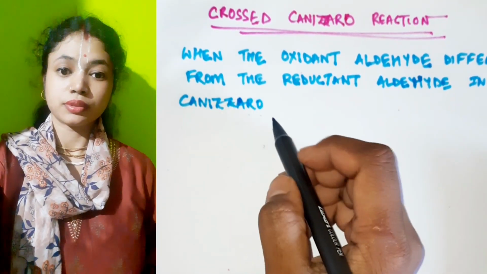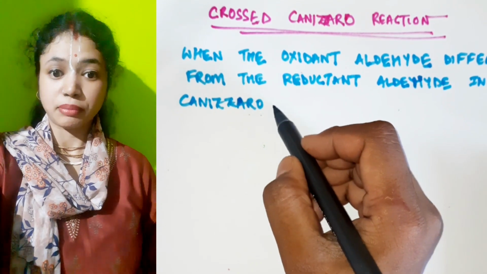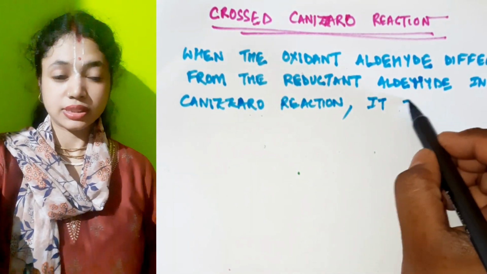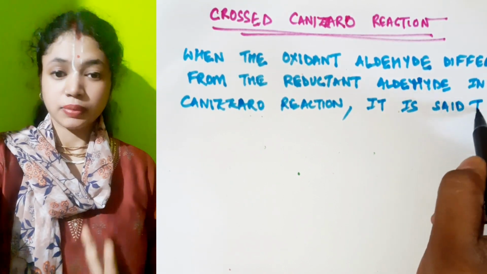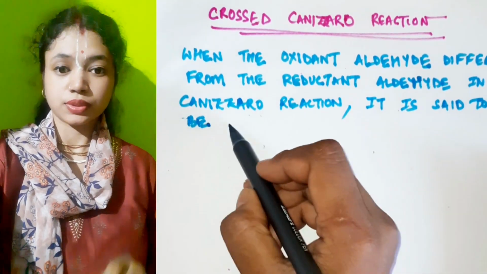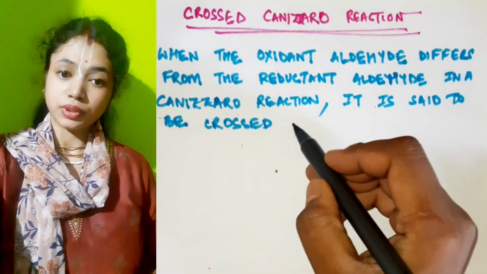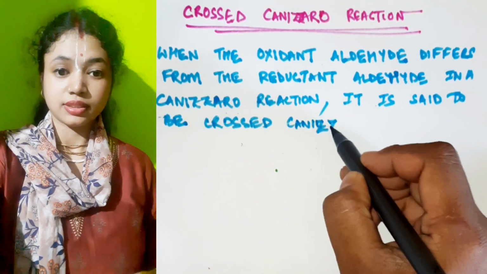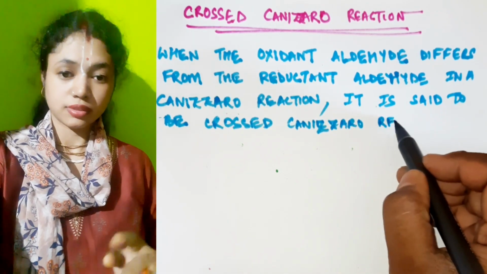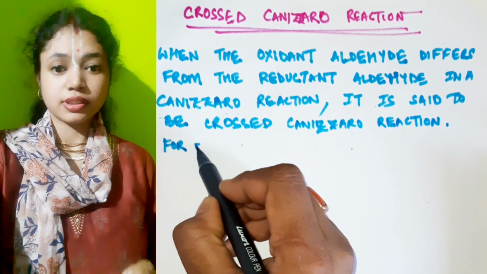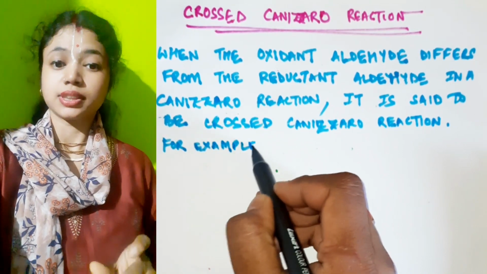So when the oxidant aldehyde is different from the reductant aldehyde, so in the first Cannizzaro reaction we took two molecules of the same aldehyde. Whereas if there are two different aldehydes present in the reaction mixture, and you treat it with concentrated sodium hydroxide, then it is said to be a crossed Cannizzaro reaction.